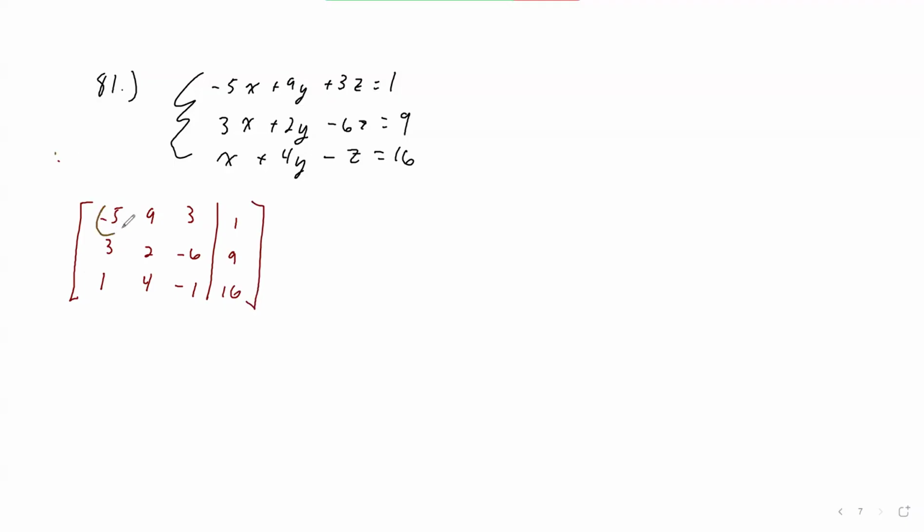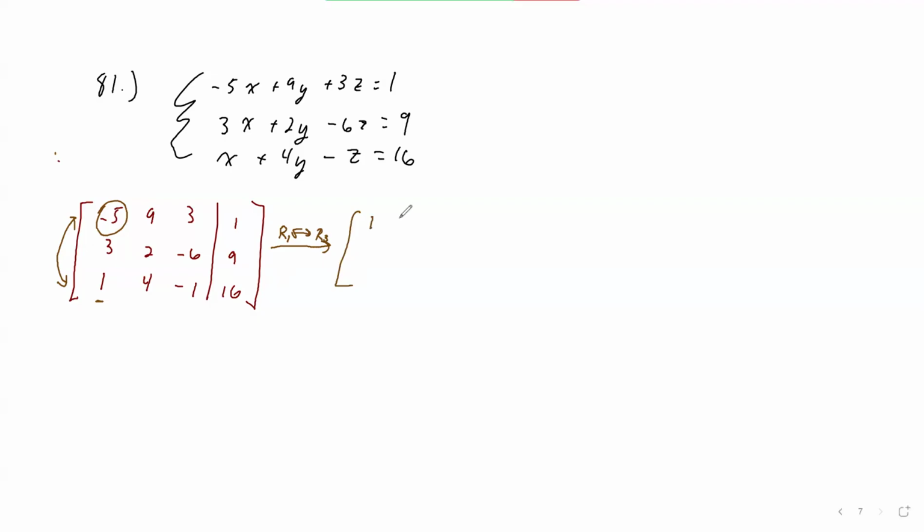I want to make this a 1. And I could divide this by 5 and deal with fractions. But notice that one's already a 1. So I actually want to swap these two to make my life a little bit easier for my first step. So I'm going to swap row 1 with row 3.